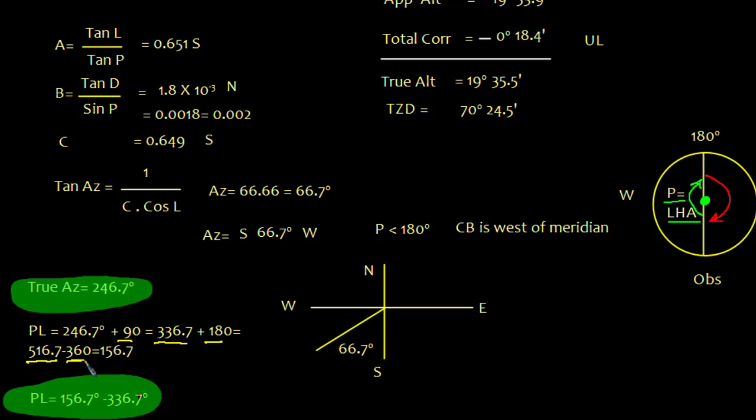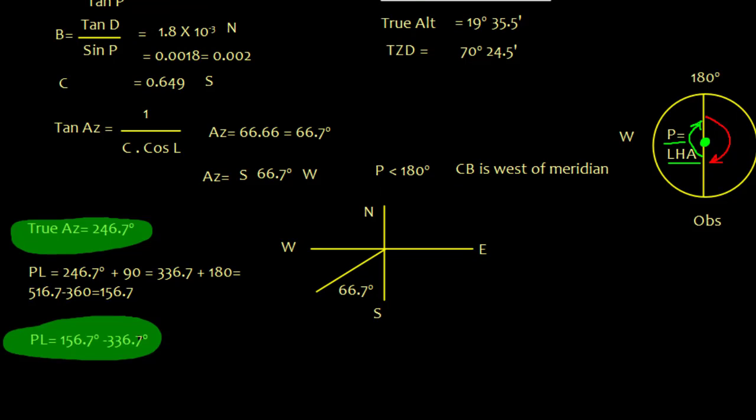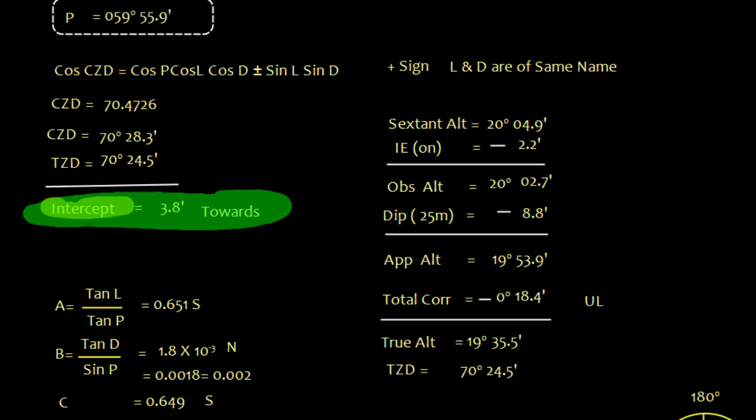So we need to subtract 360 degree. We get 156.7. So we have obtained the position line, 156.7 degree to 336.7 degree. This is the position line, and this is the intercept, which is 3.8 minutes towards.